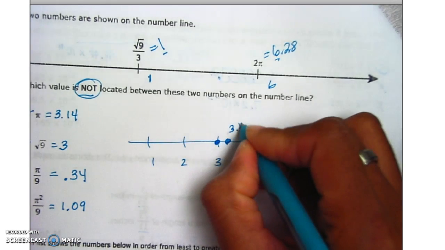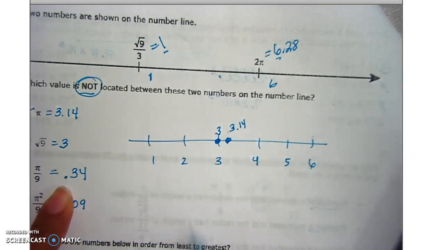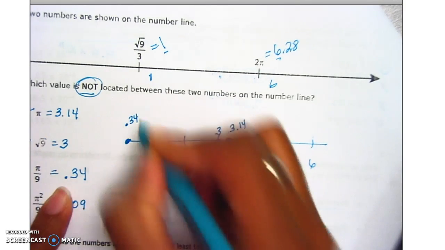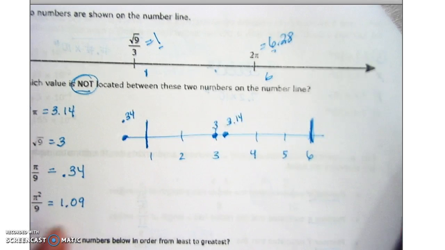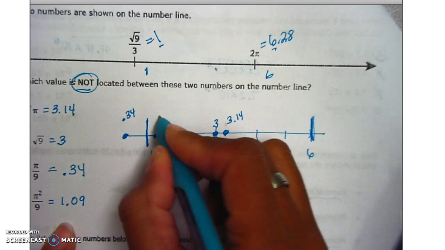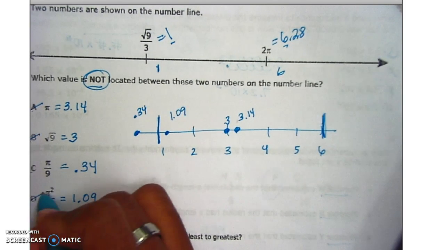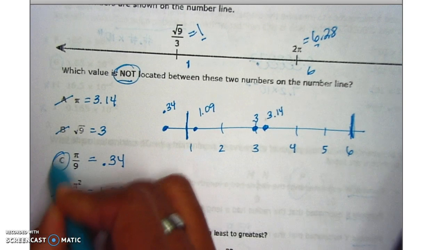And I'm going to go ahead and label them so you can know what I'm talking about. 0.34 is somewhere here, so that may be an answer choice because remember we're trying to go between 1 and 6. And then 1.09 is somewhere here, so that won't work. So the one not located between those two is pi over 9.